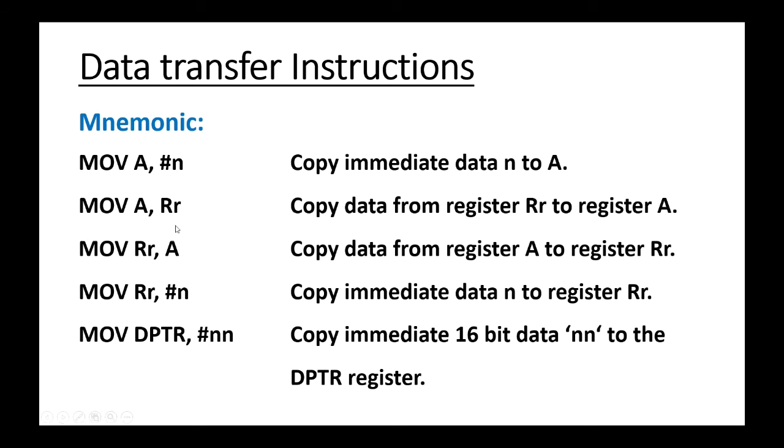It copies data in the accumulator into the specified register. Then MOV R, #n moves immediate data into a register, and MOV DPTR, #16-bit data moves 16-bit immediate data into DPTR, which is also a 16-bit register.